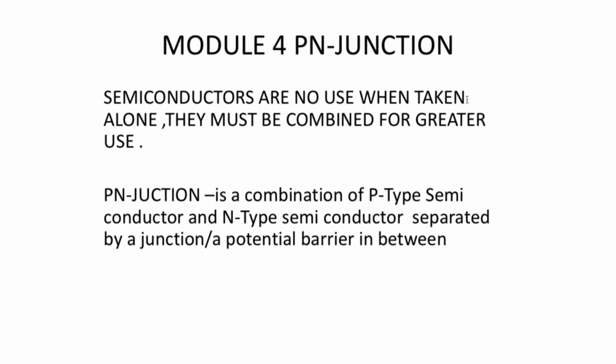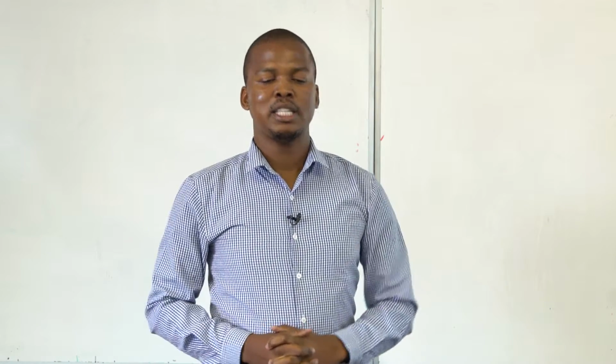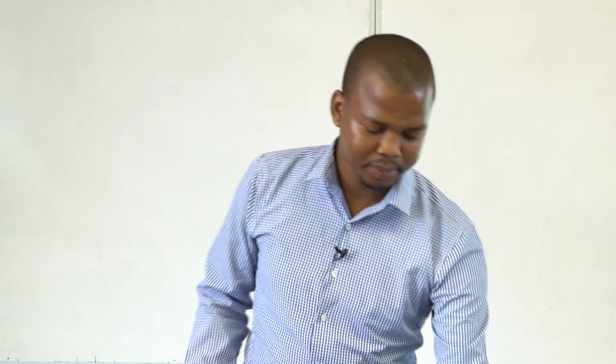They need to be combined for a greater use. A PN junction is a combination of P-type semiconductor and N-type semiconductor, separated by a junction or a potential barrier in between. I will explain further what is a barrier, a potential barrier and a junction as we move forward.